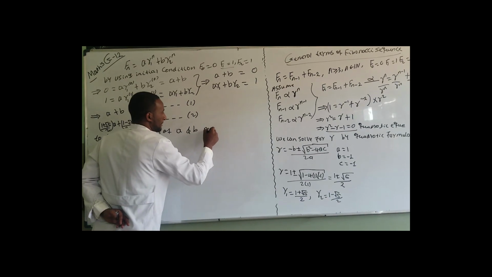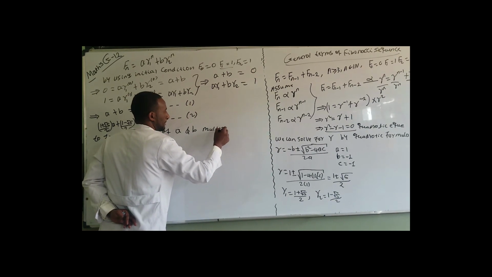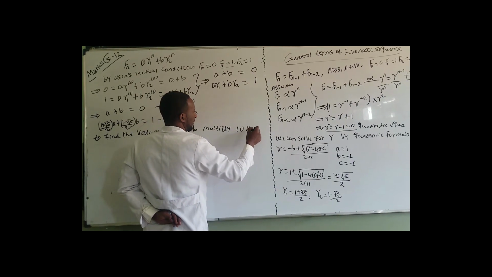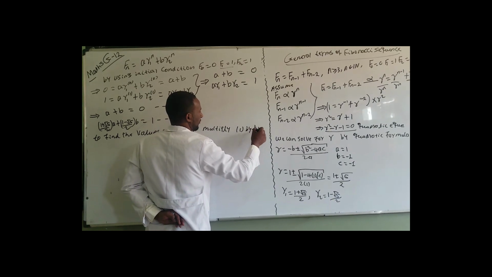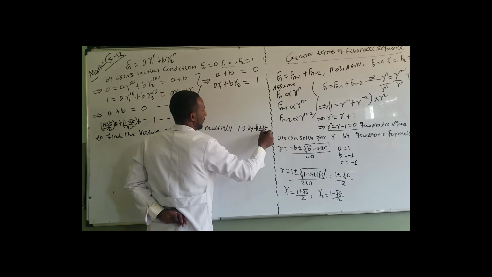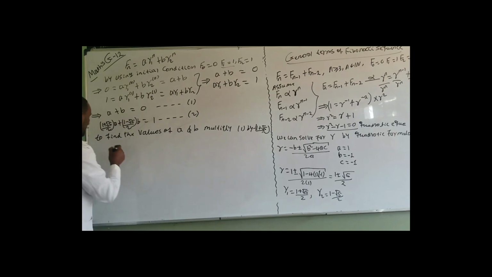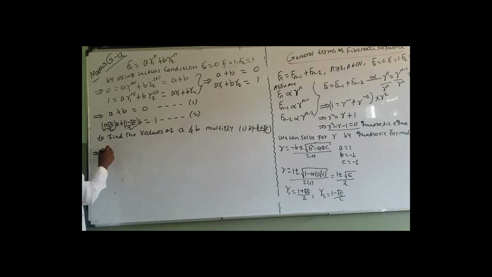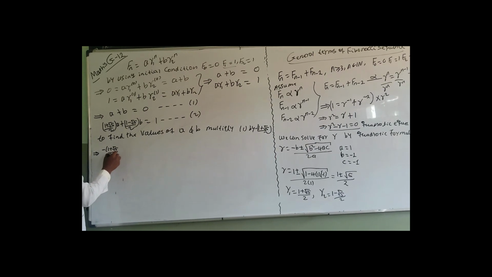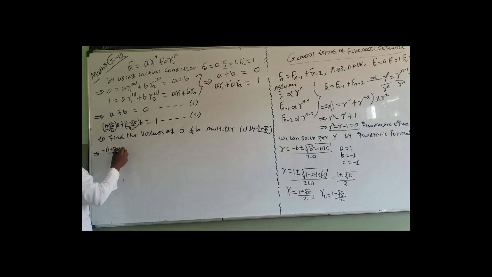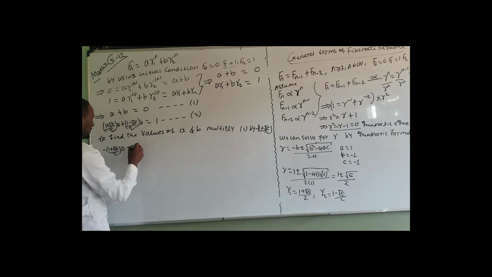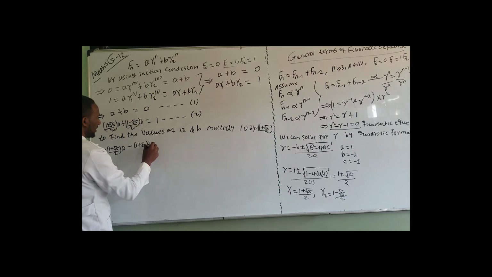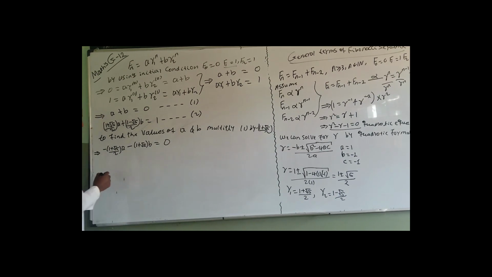Multiply equation 1 by negative of 1 plus root of 5 over 2. Then it becomes negative of 1 plus root 5 over 2 times a, minus 1 plus root 5 over 2 times b, is equal to 0.